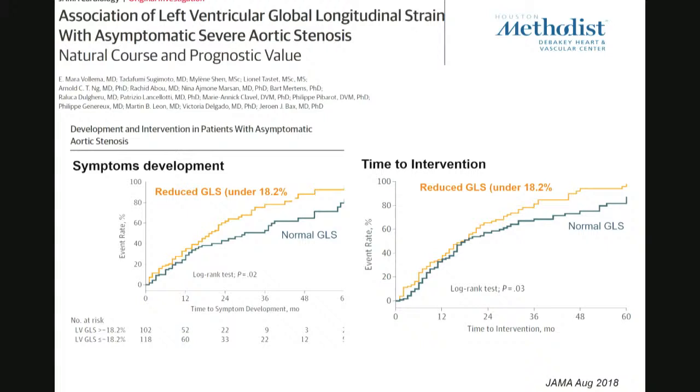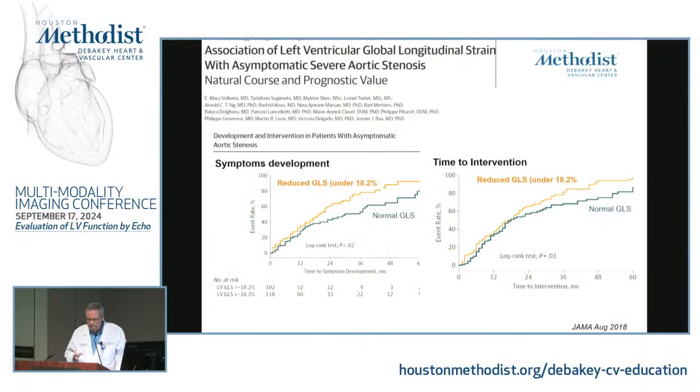So I think clearly our heart failure groups are beginning to look at this with more interest. The question that we still have with all of these measurements that give us some sort of prediction of outcome is, what do we do with the data? So we know now we have this patient that is at a much higher risk by the data. But do we have a magic pill to give them?